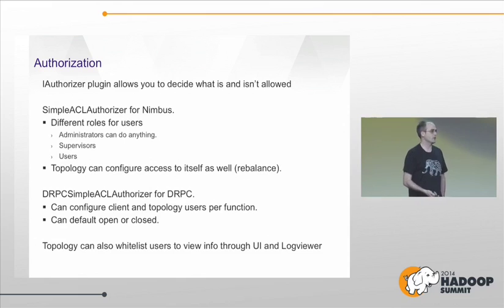And then everybody else is an end user. Along with that, it also allows you to configure your individual topologies to say who is allowed and who isn't allowed to have access to this topology. So that lets the end user themselves grant extra permissions.